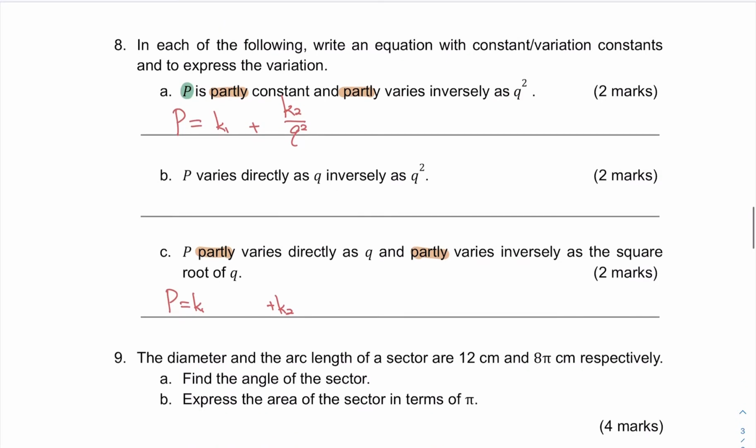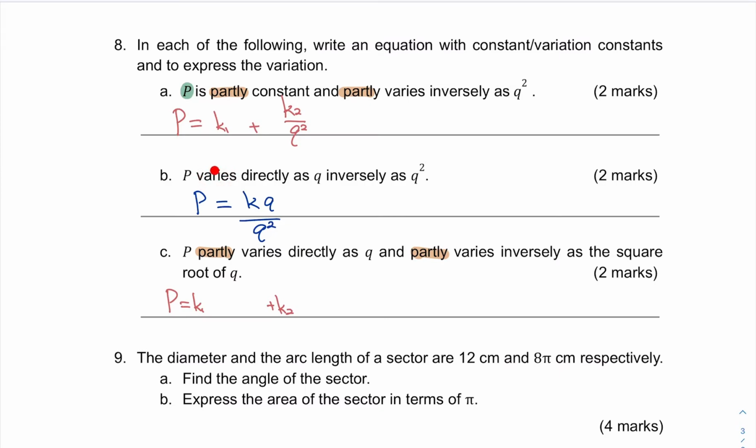Let's continue. Then second one. P varies directly as Q and inversely as Q square. What does that mean? Okay, that's it. Nothing much.